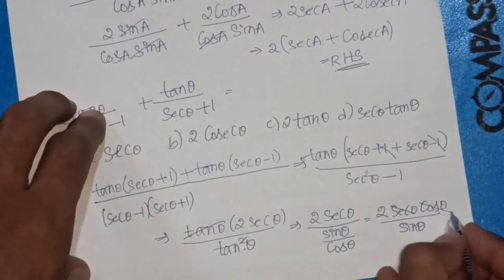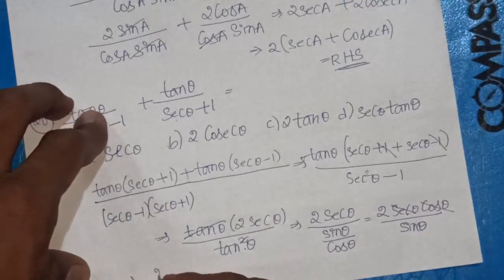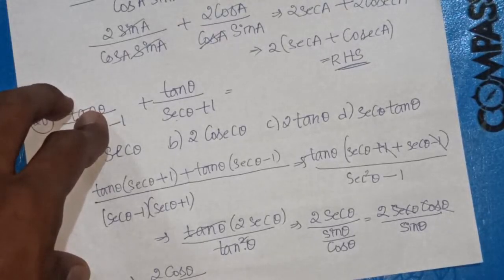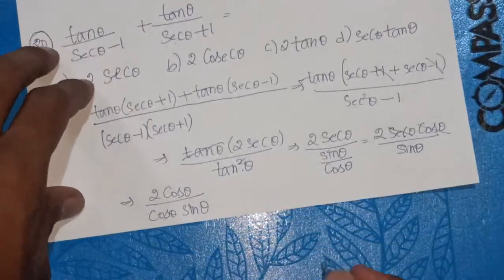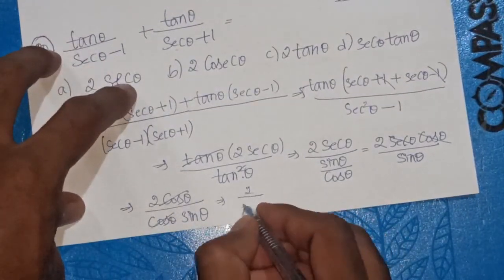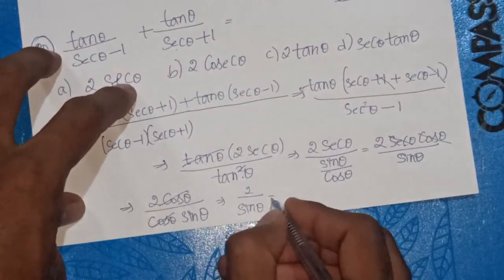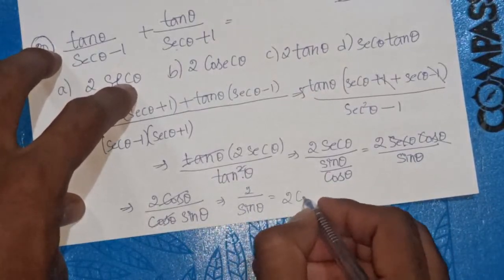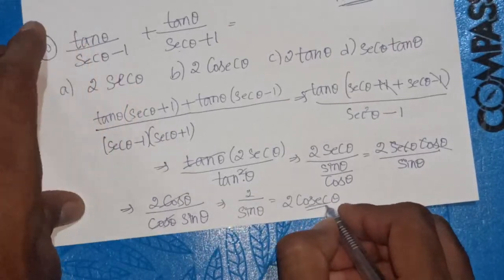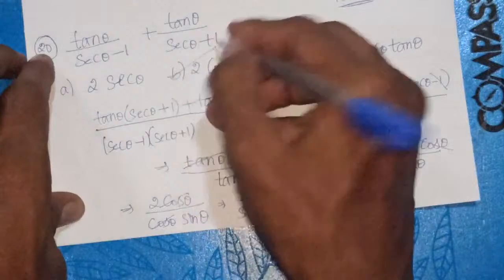Therefore, secant and cos will be cancelled out. That is 2 into cos theta by cos theta into sin theta. Cos theta can be cancelled out. Therefore, we are left with 2 by sin theta, which can be written as 2 into cosecant theta, which is our RHS. Therefore, our B option is correct.